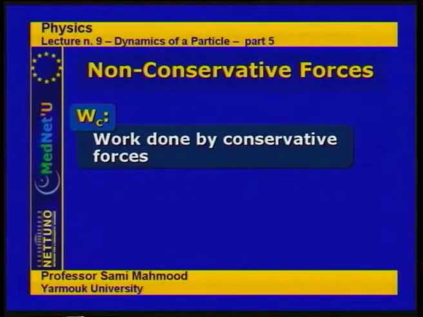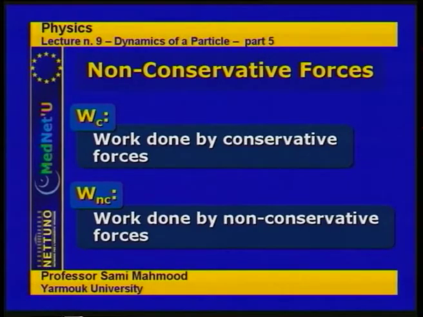In order to touch on the effect of non-conservative forces, we have to make a definition. We call W sub C the work done by conservative forces, which we have discussed so far, and we call W sub NC the work done by non-conservative forces.